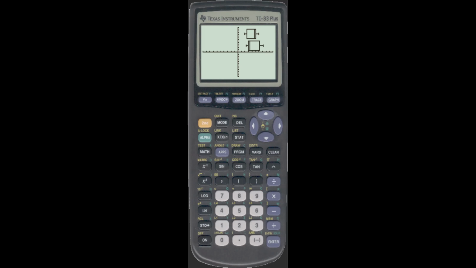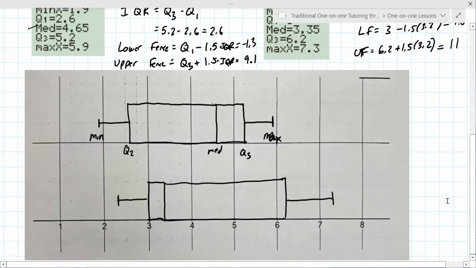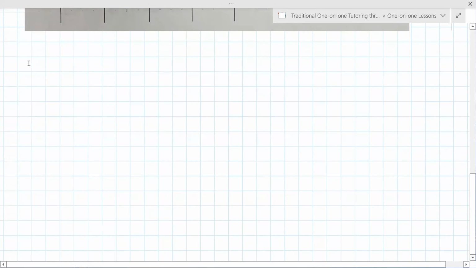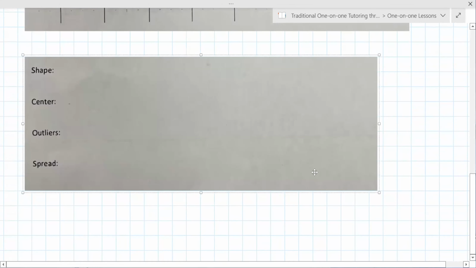Okay, so it looks pretty similar. Now, the next thing it wants to talk about, I believe, is it's going to ask you things like the shape and stuff like that. So let me pull those questions up so we can answer them together. So it wants to know about the shape, the center, outliers, spread.